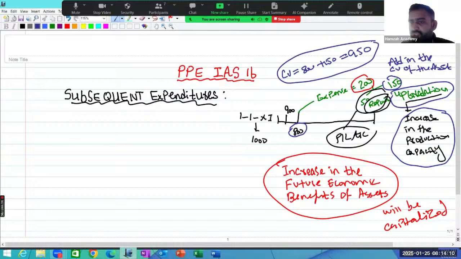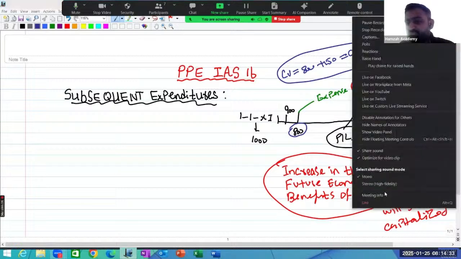So now we can conclude the subsequent expenditure treatment: subsequent expenditure will be capitalized if due to the expenditure there is any increase in the economic benefits of the company.